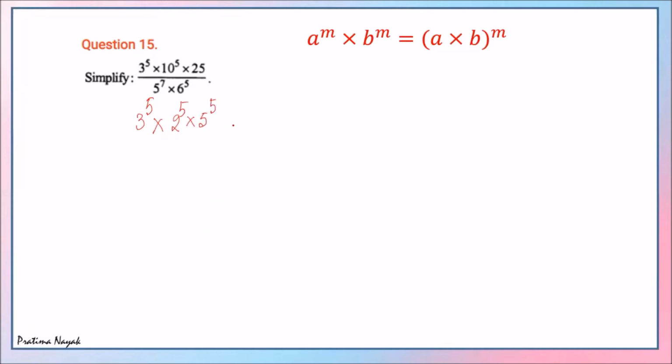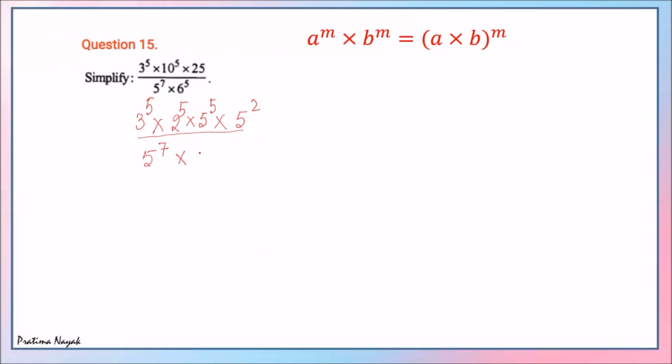And this 25 I can write as 5 to the power 2. Now the denominator is 5 to the power 7 and 6 to the power 5.